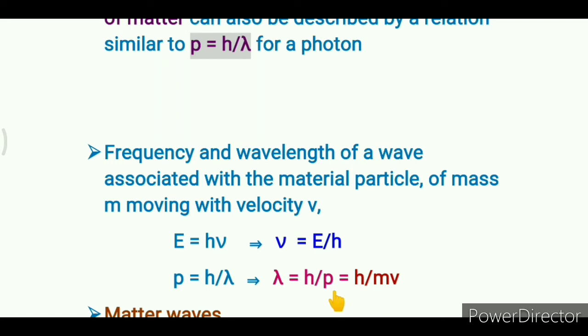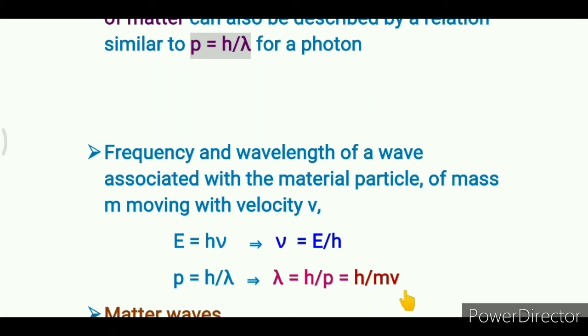Now P is nothing but the momentum, the product of mass and velocity. So the wavelength of a moving particle is given by h upon mv, and the frequency of the moving particle is nu equals E upon h.